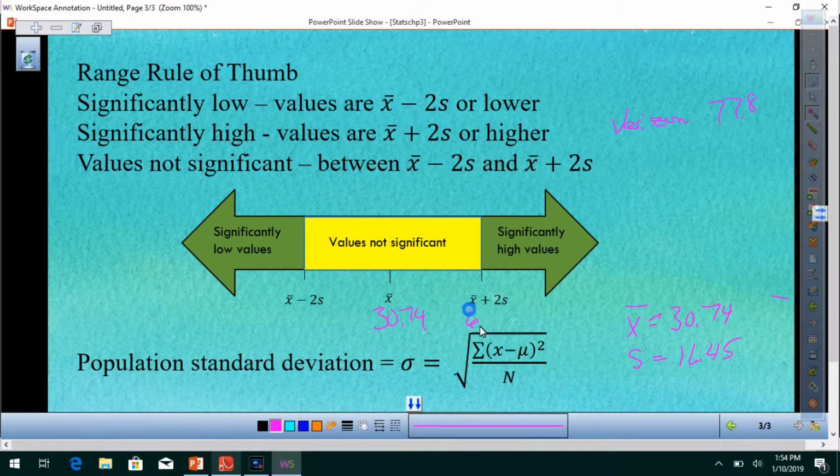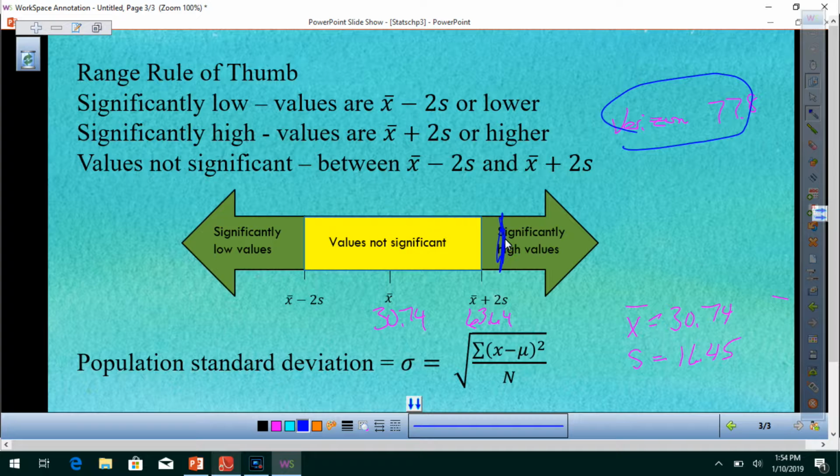The 77.8 comes in above that, so that is significantly higher. Verizon has outdone themselves.